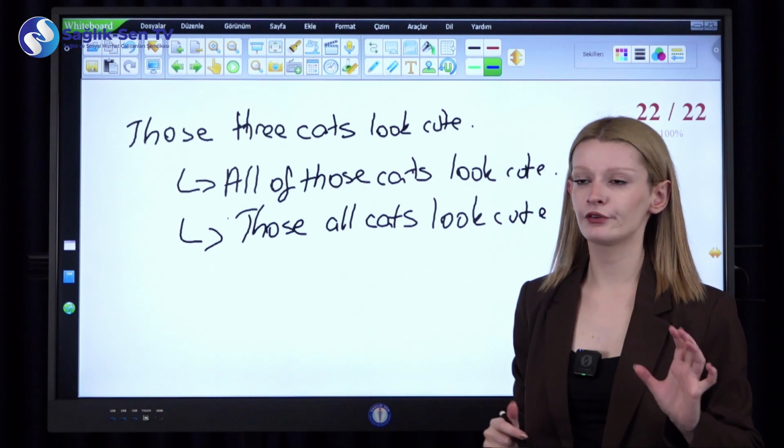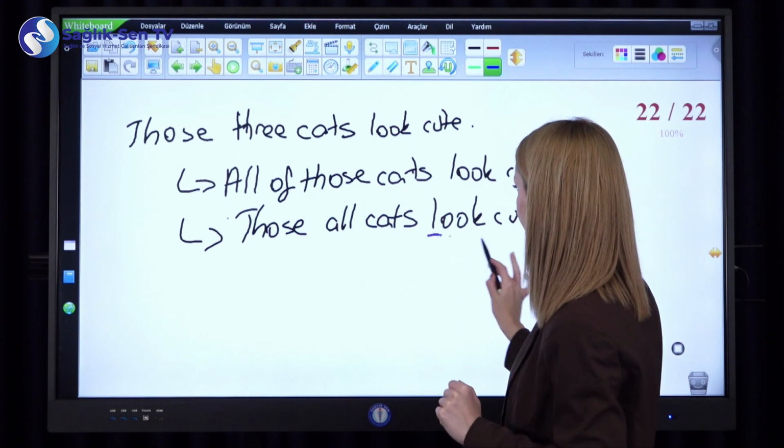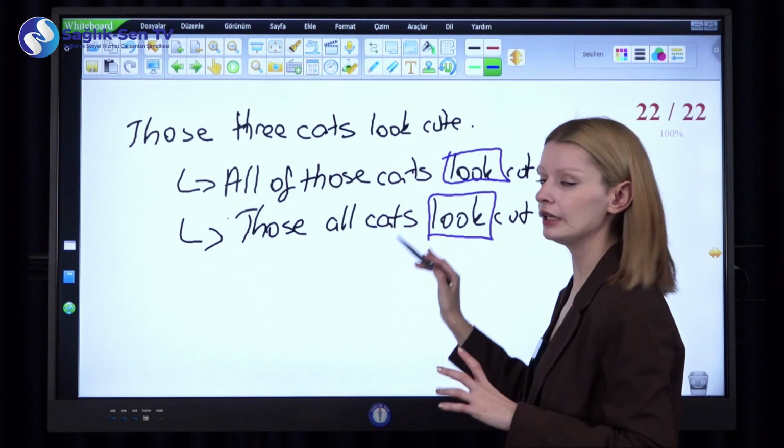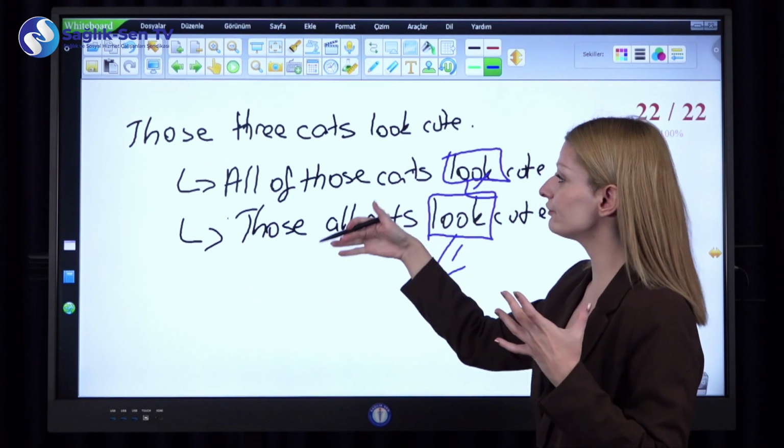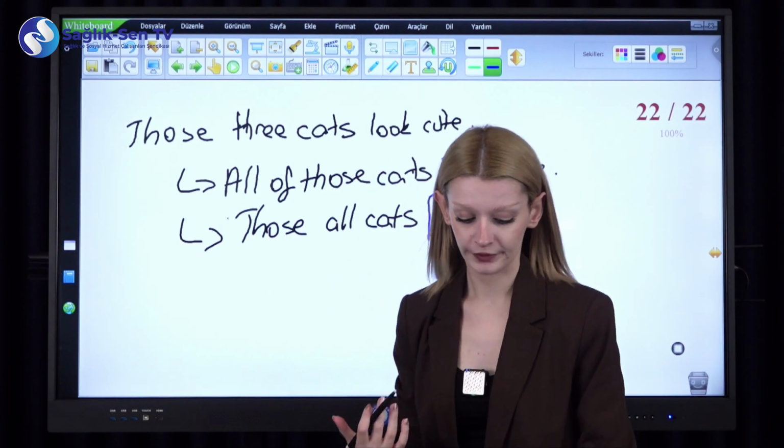Again, I use my verb in plural form. As you can see, I use it like this with every all pronoun.